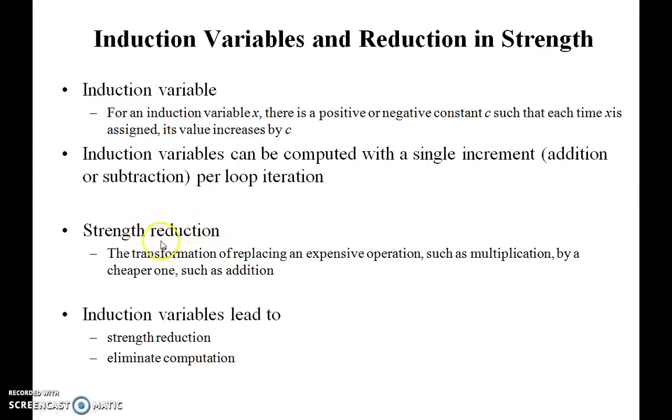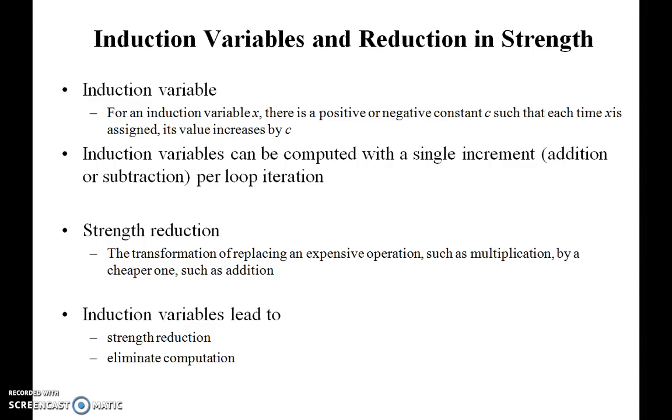The next one is strength reduction. We are very particular about using arithmetic operations. Sometimes we may use an exponential operator. For example, 5 square, the value is 25. Similarly, the same value we will get with the help of multiplication.